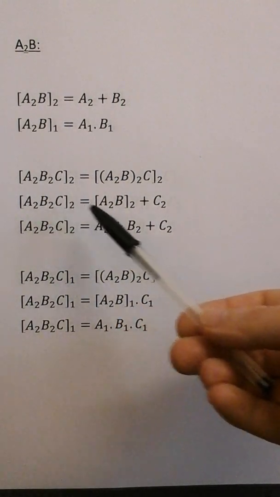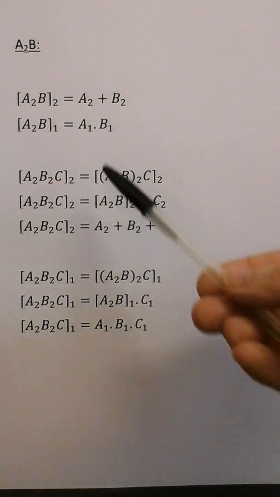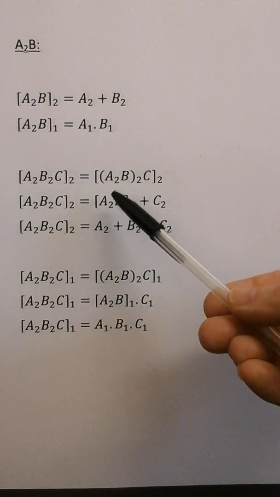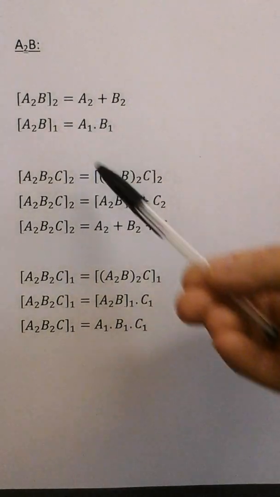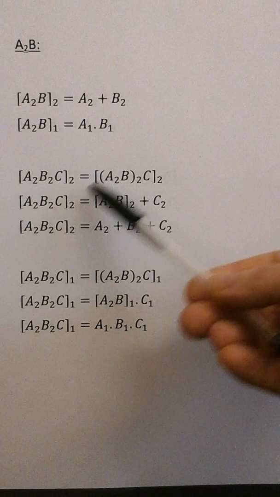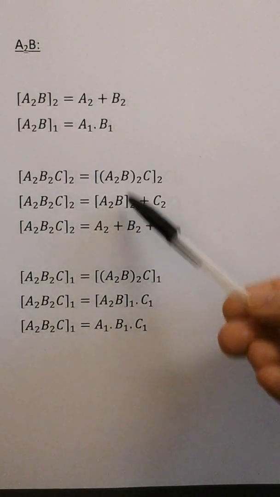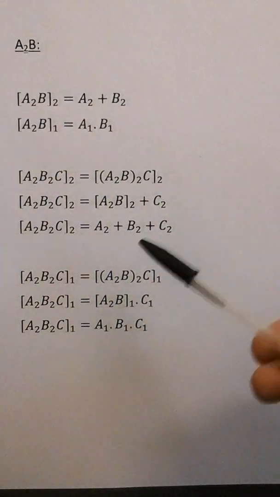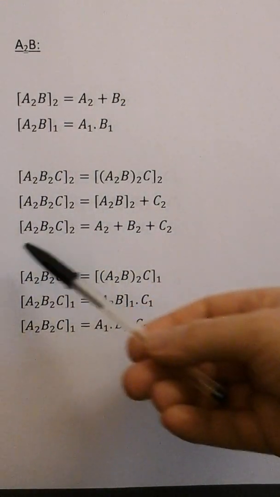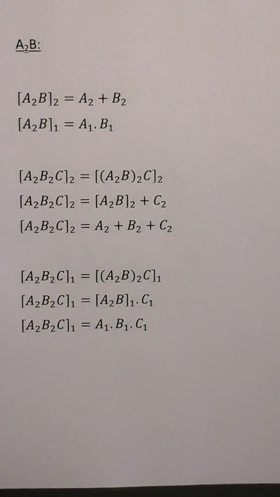So A2B2C2 equals A2B2 here. So you're treating that as A2 and this as B2. So if that makes sense, that becomes A2B2 and that becomes C2. And A2B2 becomes A2 or B2. And you substitute that in. So A2B2C2 equals A2 or B2 or C2.